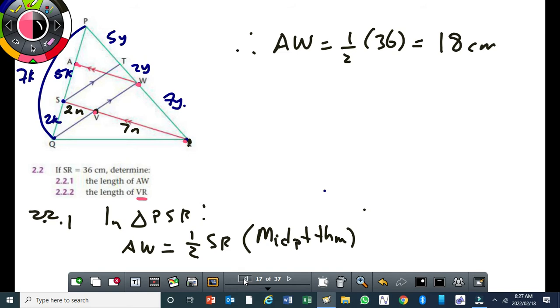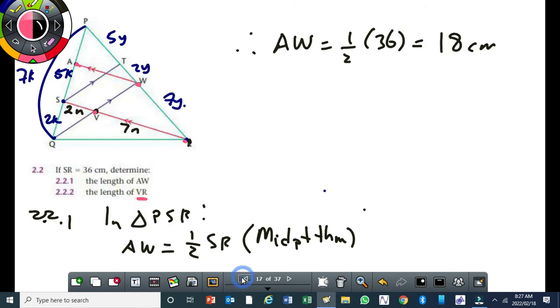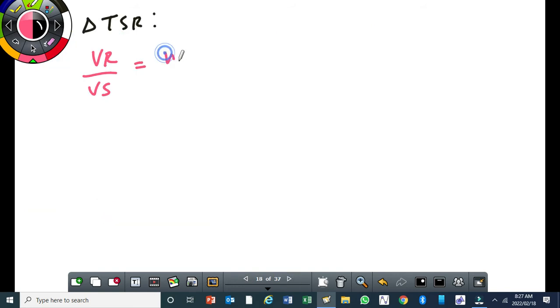Let me say VR over VS is equal to, using the proportion theorem, WR over TW. So this is WR over TW.